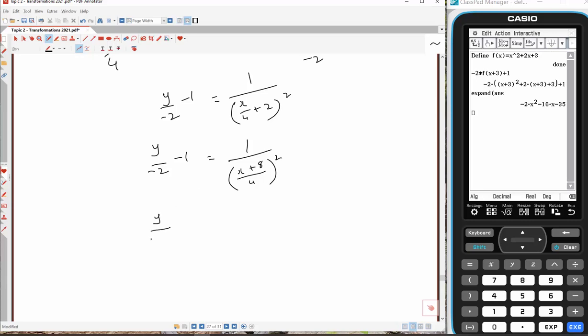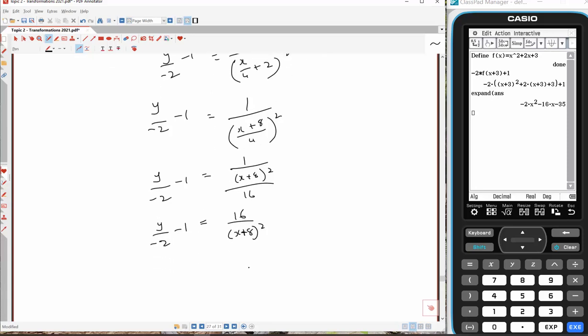That's going to be y over negative 2 take 1 equals 1 over x plus 8 squared over 16. When we divide, we multiply by the reciprocal, so it's y over negative 2 take 1 equals 16 over x plus 8 all squared. We're going to add 1.